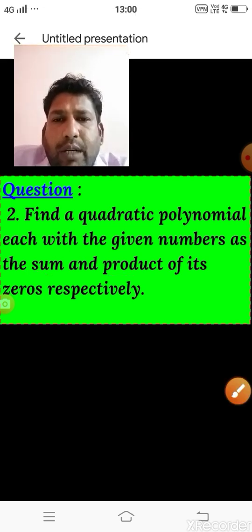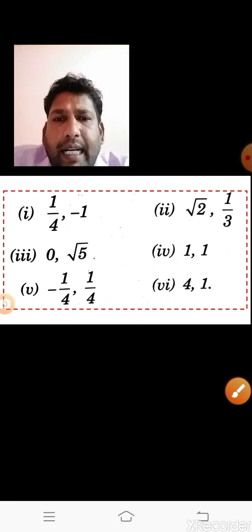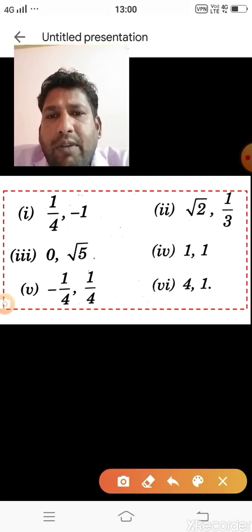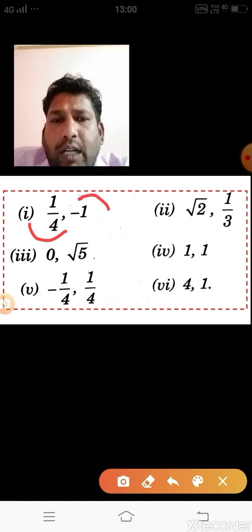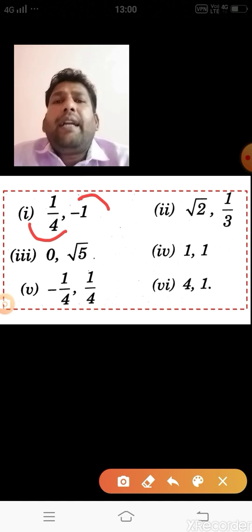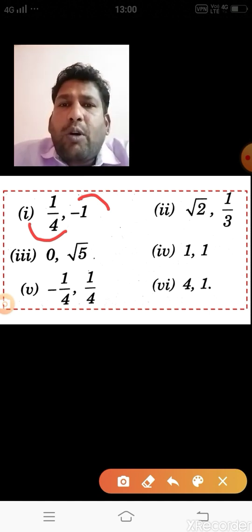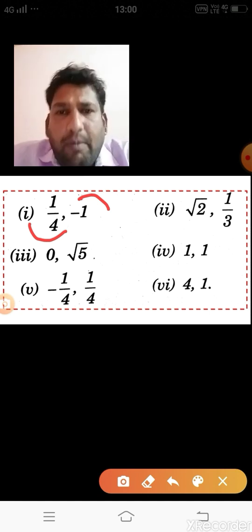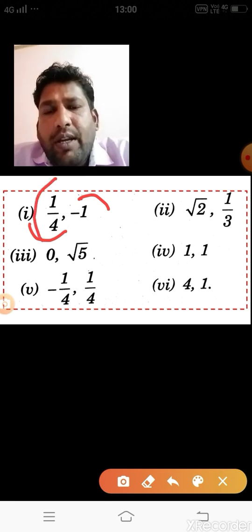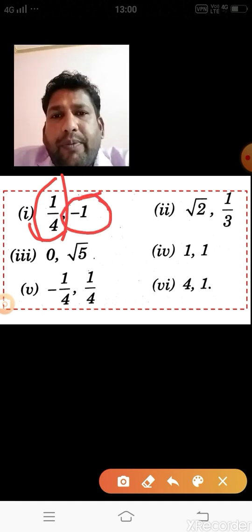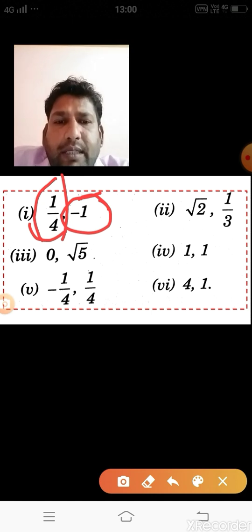Again in question number 2, we are getting these 6 parts, and in each part, the first value is the sum of zeros and the next value is the product of zeros. And we know how to form a quadratic polynomial: k into x square minus sum of zeros into x plus product of zeros. Then we are putting the values of these. This question is of 1 mark.